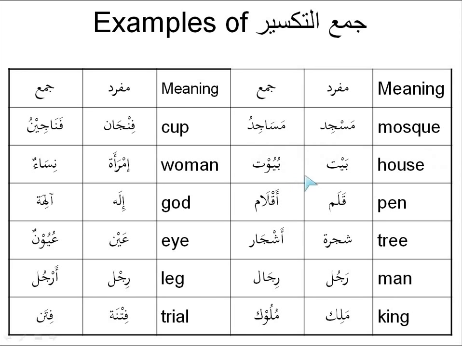And as time goes, you will internally develop an idea what type of plural a word forms, and the more you read and the more you listen to good Arabic speakers, you'll be able to guess the right form of the plural.